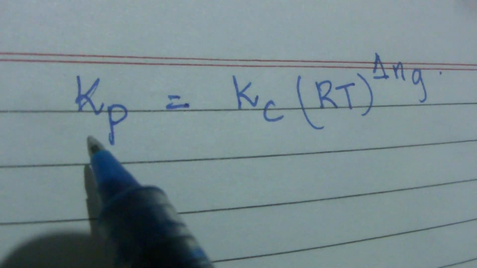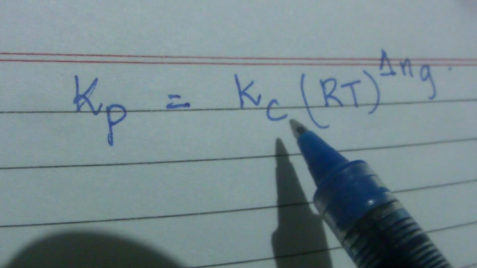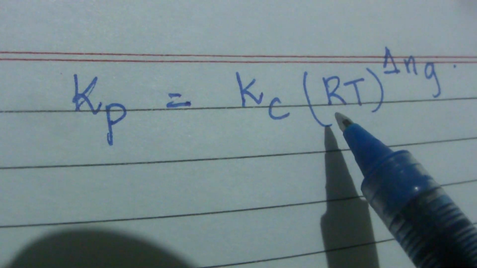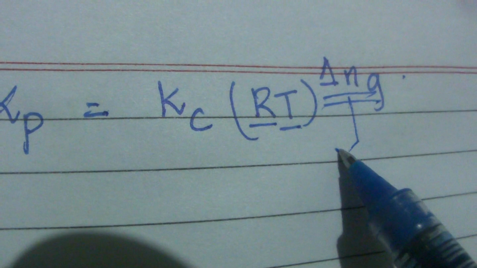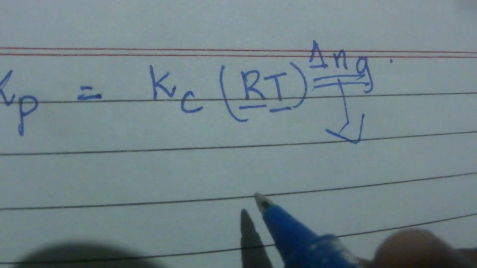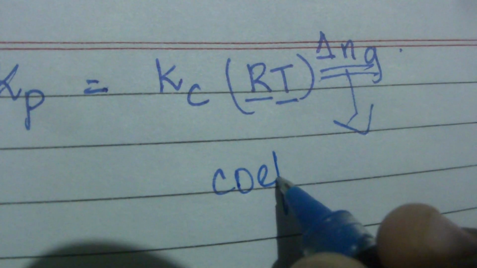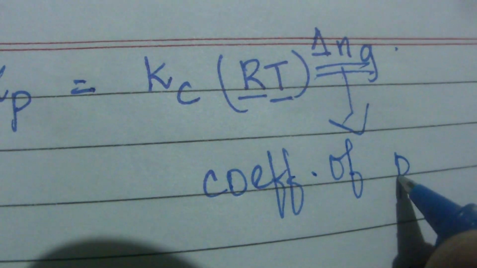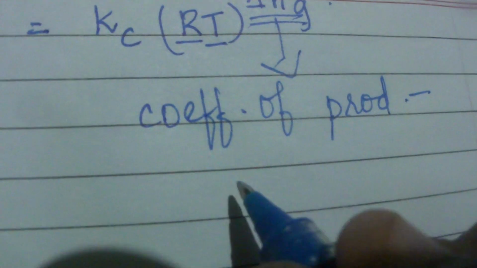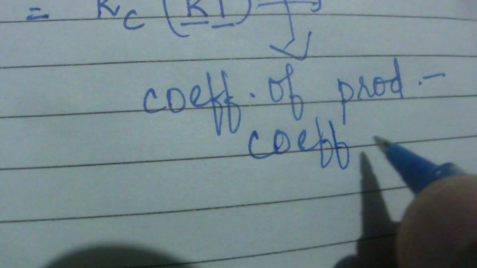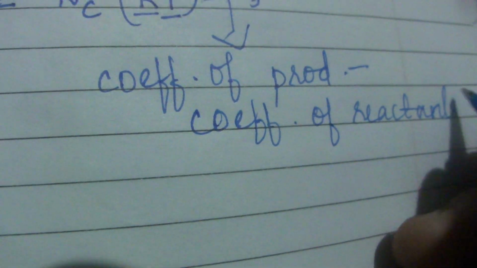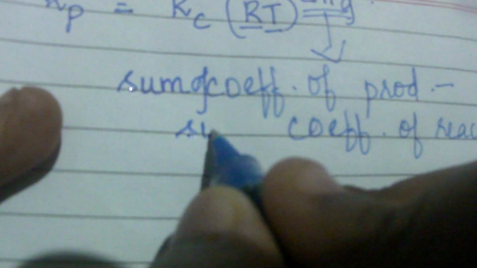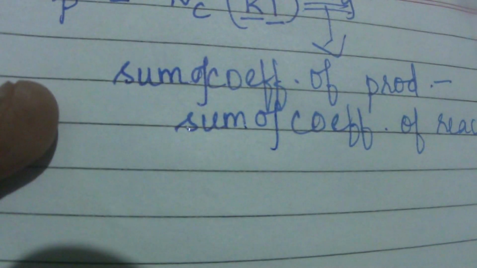Kp is the equilibrium constant at partial pressure, Kc is the equilibrium constant in concentration, R is the gas constant, T is temperature, and delta Ng is the sum of the coefficients of products minus the sum of the coefficients of reactants.